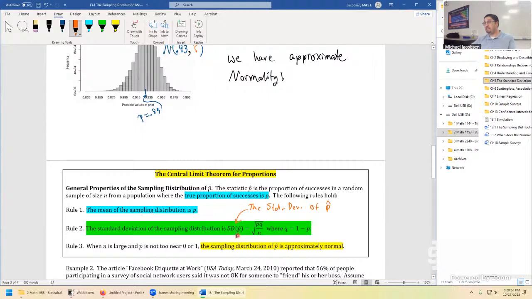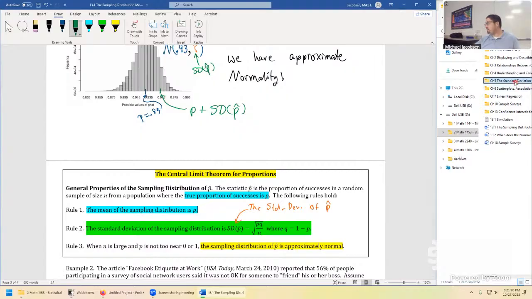This is all just one big symbol to describe how spread out this is. So going up to about right there approximately, this is going to be p plus the standard deviation of p-hat. And that's what goes in here, standard deviation, p-hat.